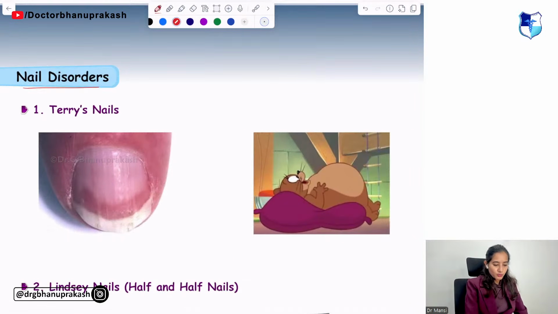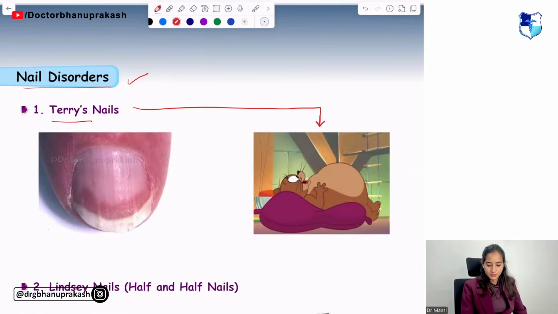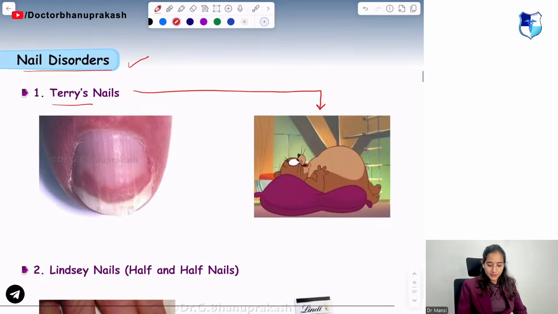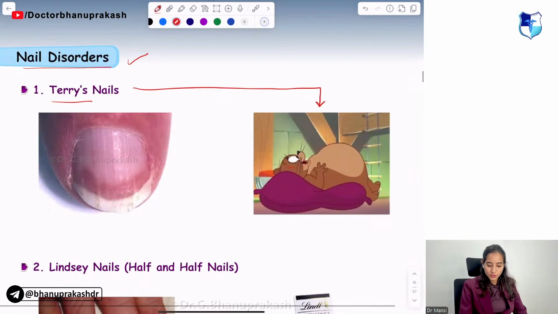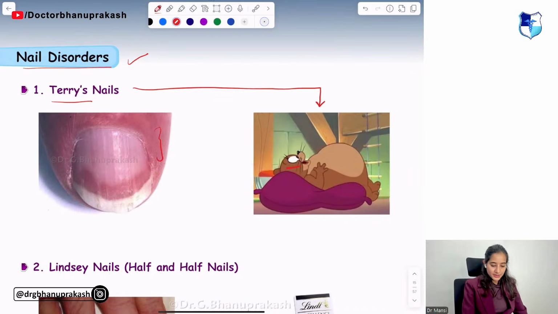Then you move to nail disorders. Terry's nails. The word Terry reminds me of Jerry. You must have watched this cartoon character. You see the eyes of Jerry. The 90% of this remains white.